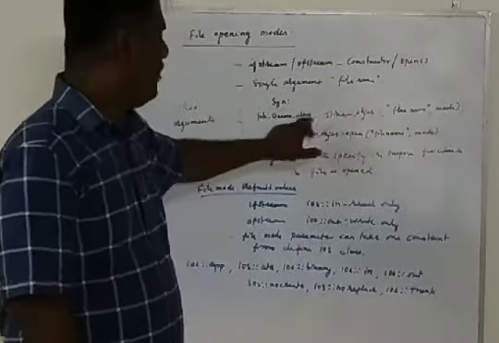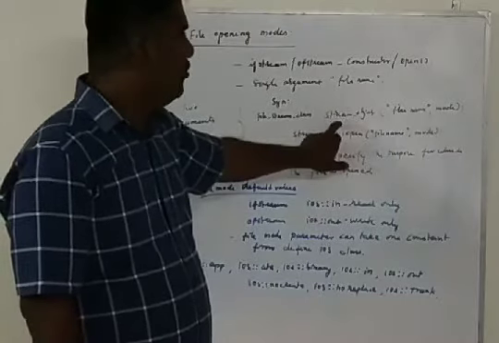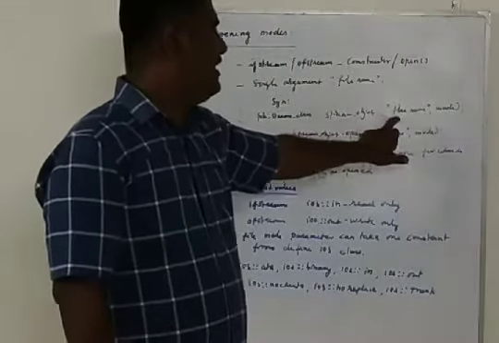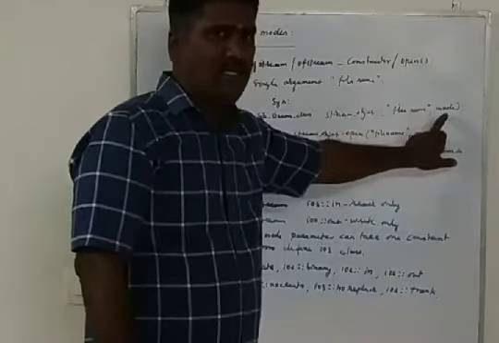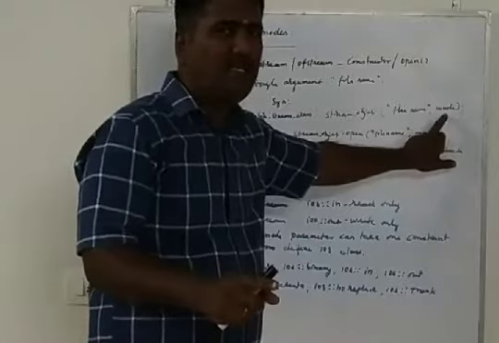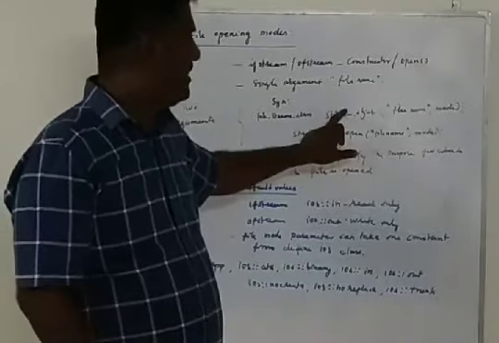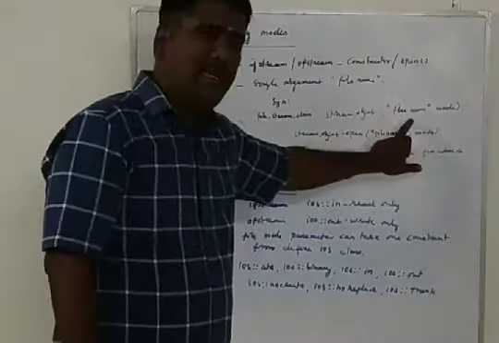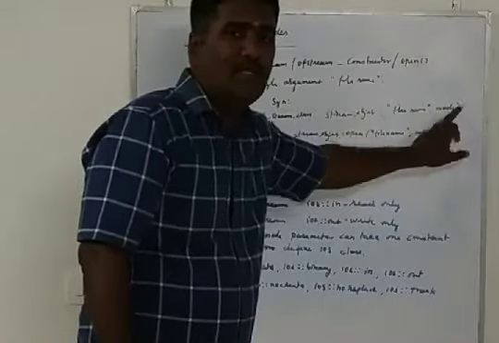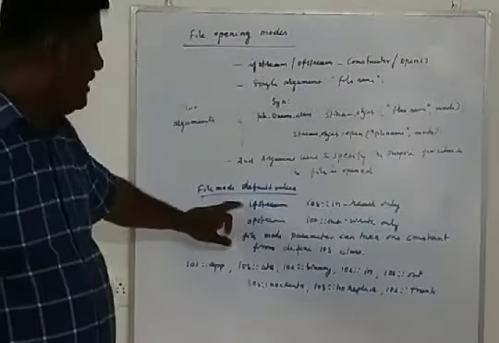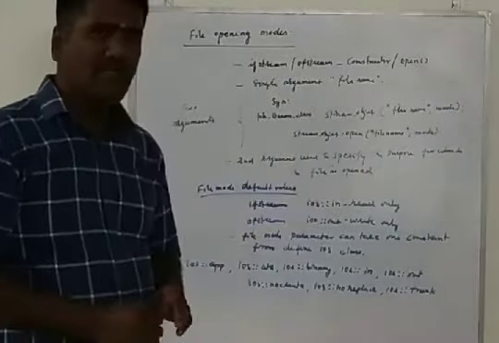For the file object fout, the default is write mode. For fin, that is ifstream, the default mode is ios::in, read mode, so the file is opened for reading purpose. The default value is read only.